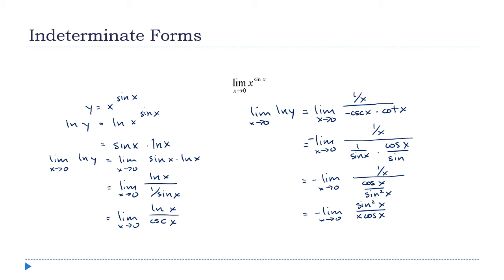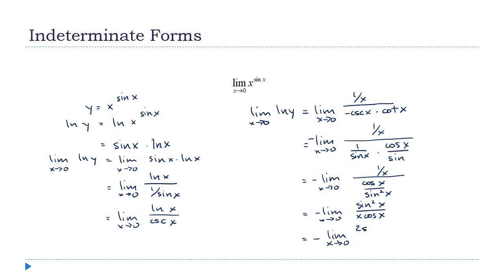Okay, now what? If we try just direct substitution and put 0 in there, we get 0 over 0. So this is once again looking like an indeterminate form. So now I'm going to apply L'Hopital's rule again, and this is equal to negative limit as x approaches 0. It's a chain rule situation in the numerator.